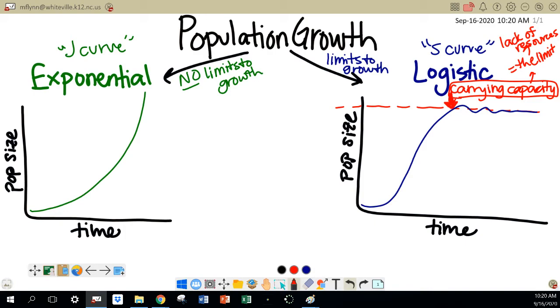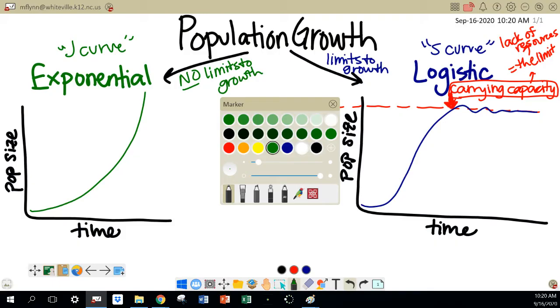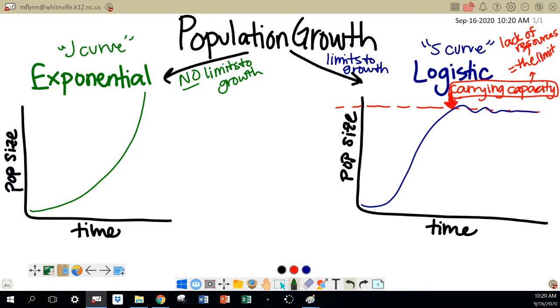Notice with the exponential that it does not do that. It continues to grow faster and faster, infinitely.